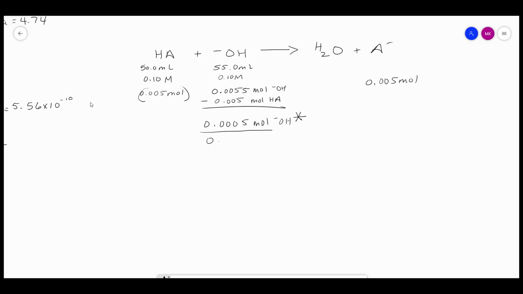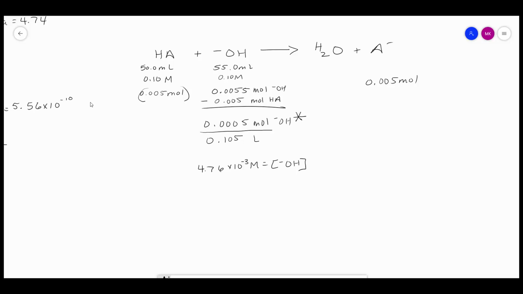I have a total of 105 milliliters, which in liters is 0.105. So to find the molarity, 0.0005 divided by 0.105, I have a molarity of 4.76 times 10 to the negative third. That is the concentration of my hydroxide ion.